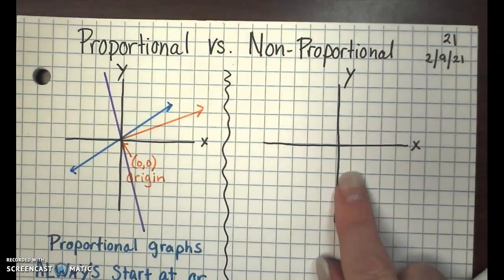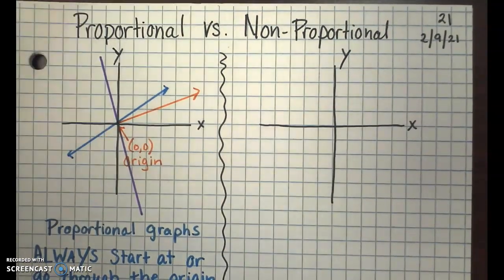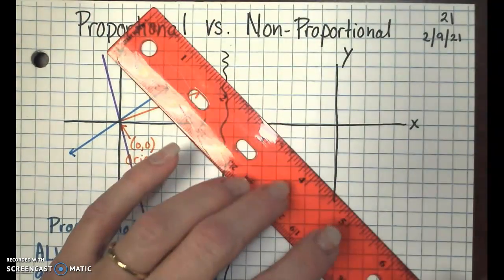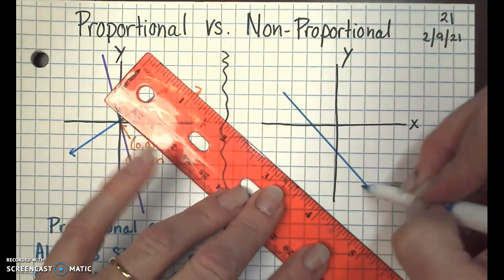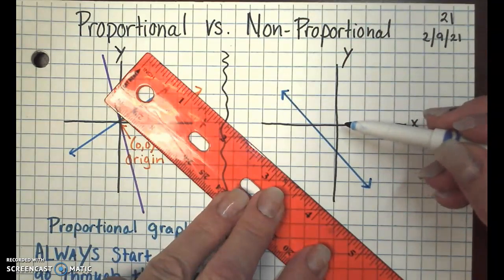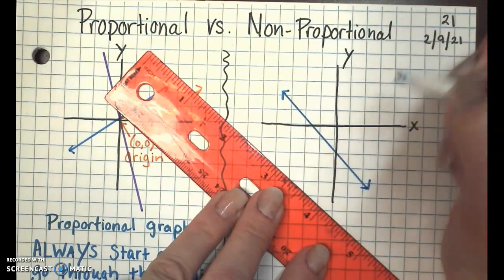Okay, non-proportional graphs do not go through the origin. So for example, let's say I have a line on a graph and it goes like this. Oh, it is not passing through the origin, is it? In fact, it's on the y-axis.